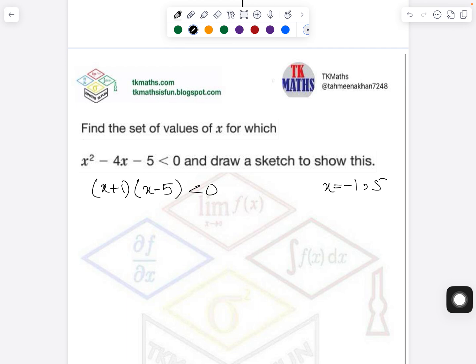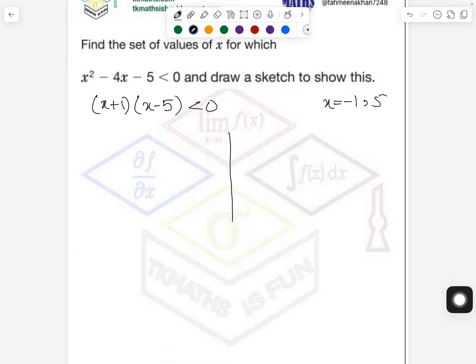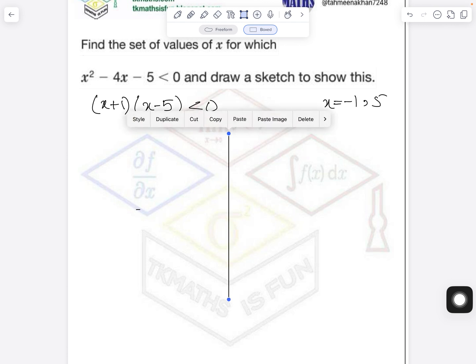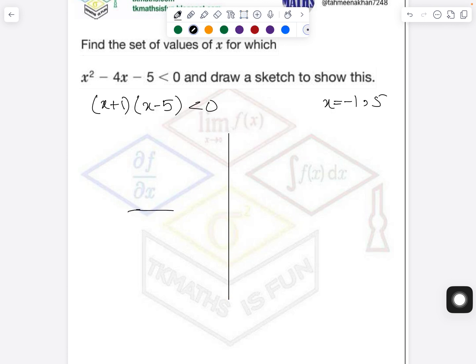These are the points through which it will pass through the x-axis. And the coefficient of x squared is plus, so it will be a minimum value curve.